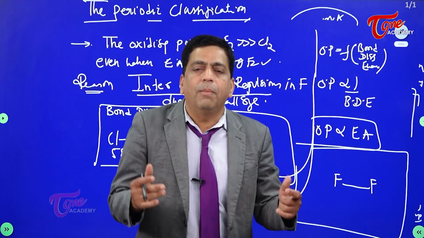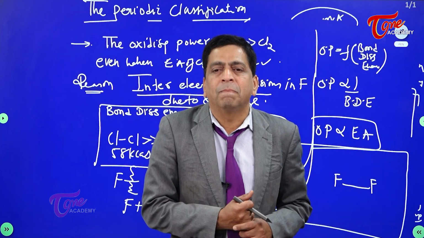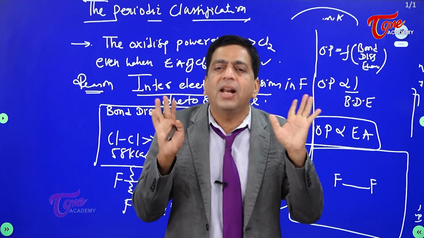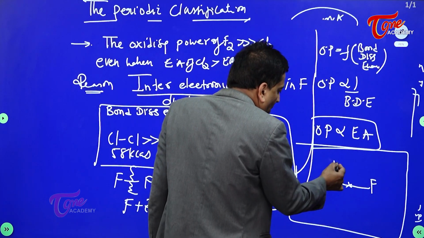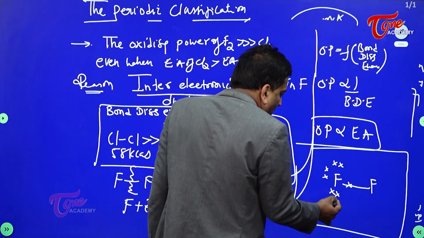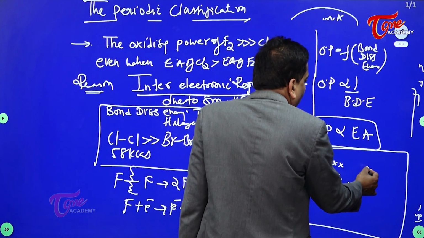Why does the fluorine-fluorine bond break easily? That explanation I'm giving you. Now fluorine belongs to the 7th group, so it has a total of 7 electrons. One it invested here, so we have to account for 2, 2 and 2. So total 7: 2, 2, 4 plus 2, 6 plus 1, 7. The same is the case with this fluorine.